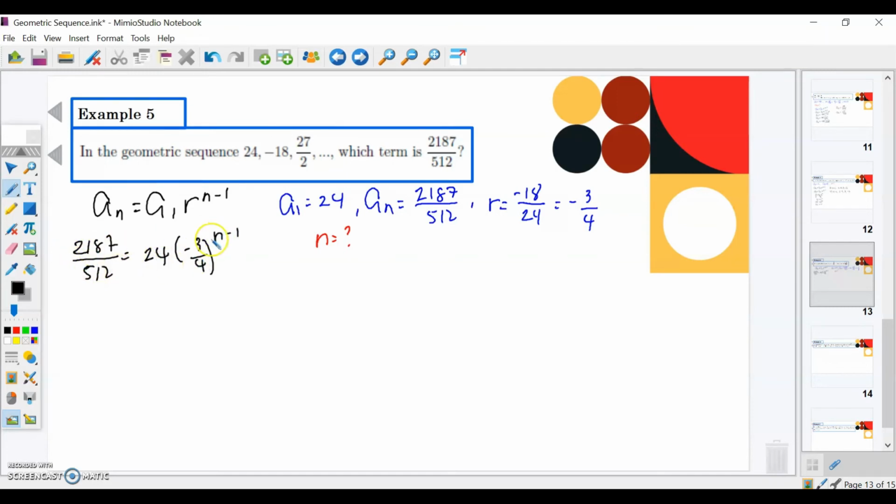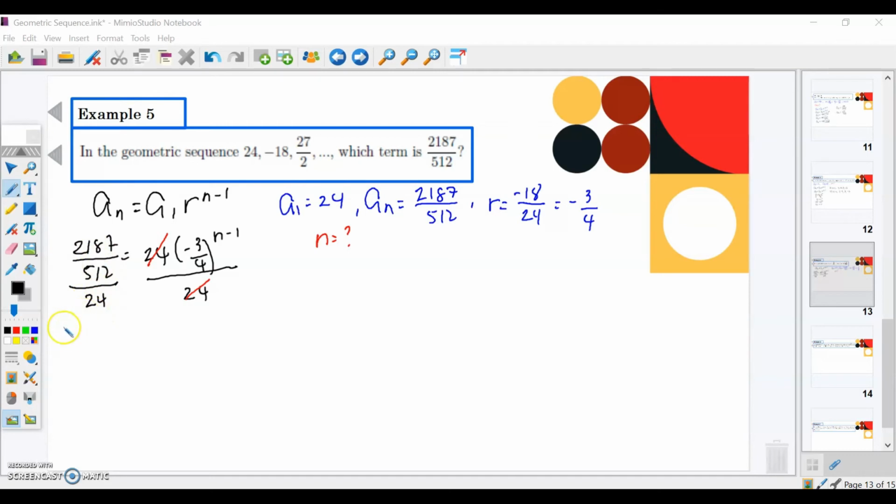Simplifying both sides, I'll first divide both sides by 24 so that I can cancel 24 and 24. Now, to simplify the left side of the equation, take note that this is a fraction divided by 24.